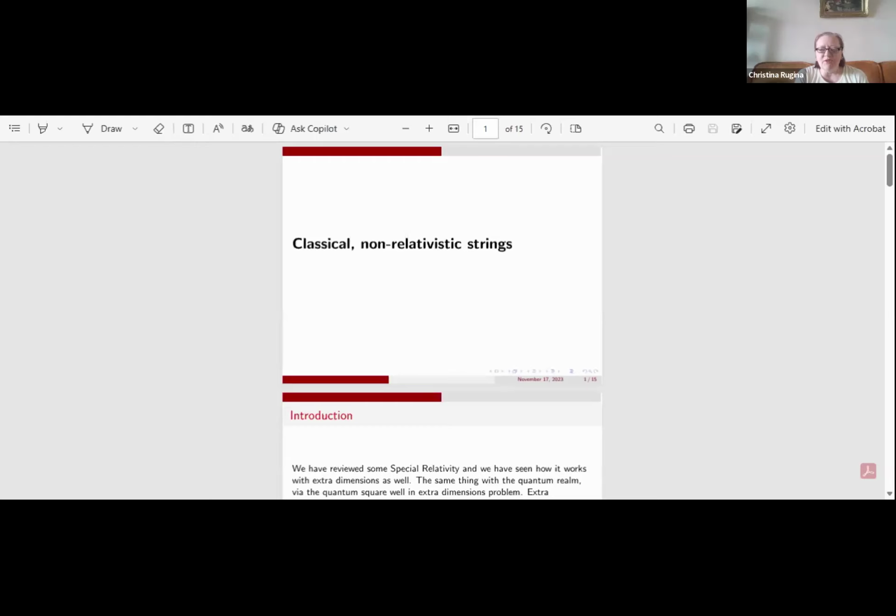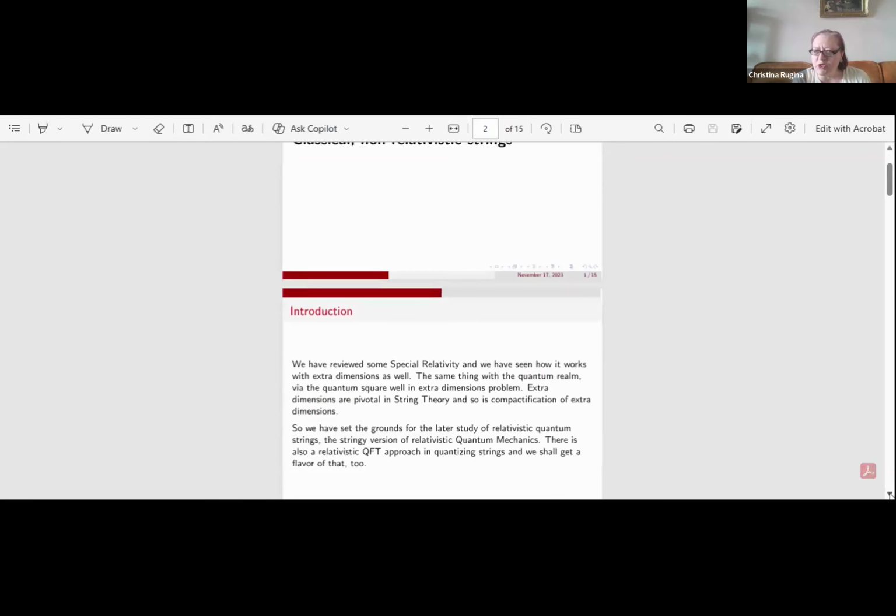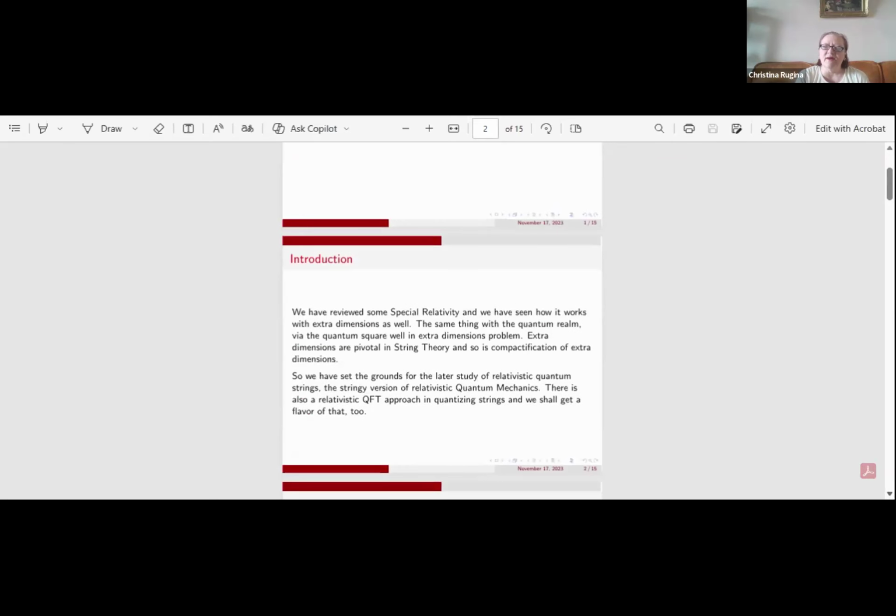They are a bunch of quantized harmonic oscillators. Something incredibly simple. That's what they are. So it's dual, something incredibly complicated, dual to something incredibly simple. That's string theory. So, okay, after this prologue into today's lesson, let's turn to the classical non-relativistic strings.